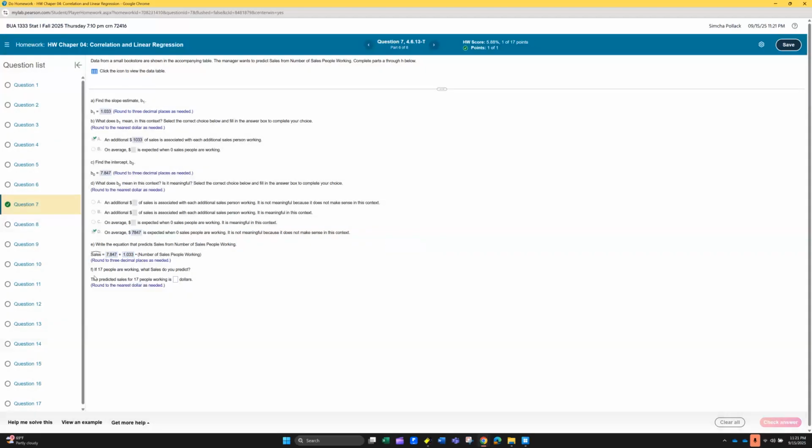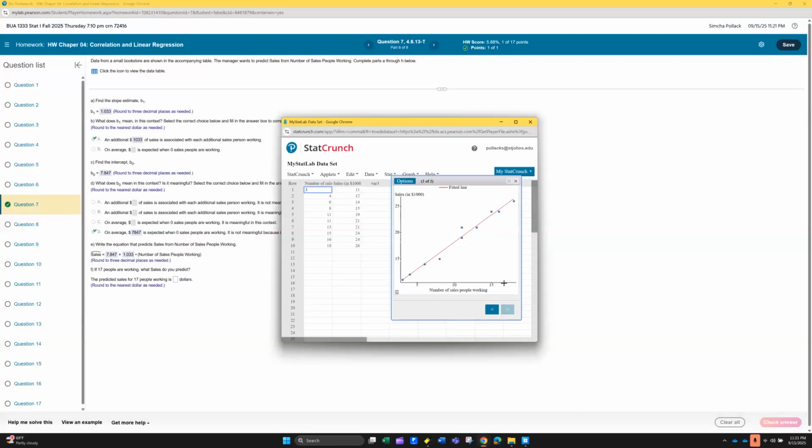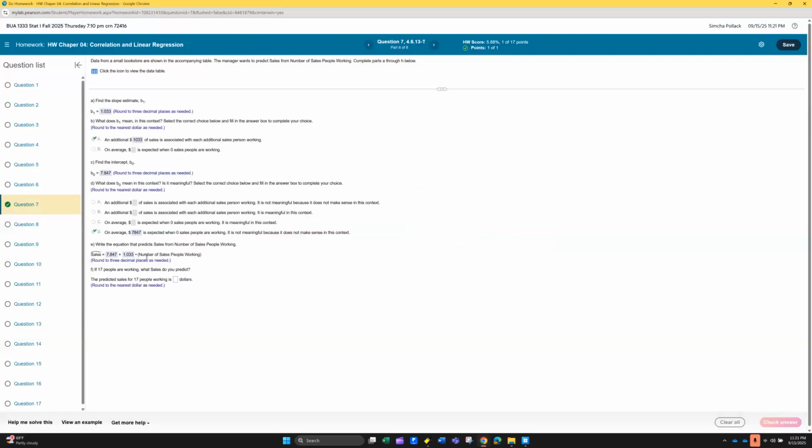Next, they ask you if 17 people are working, what are the sales? Well, we have this from before. If there are 17 people, that's around here. So we're predicting around this amount. I would say it's around $23,000. But the proper way to do it is multiply. Now we know the number of salespeople is 17.